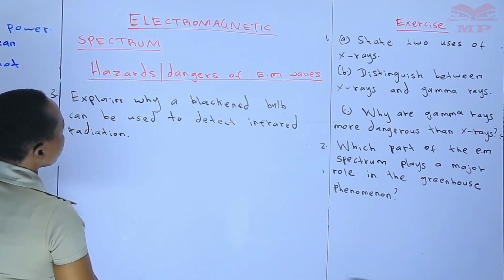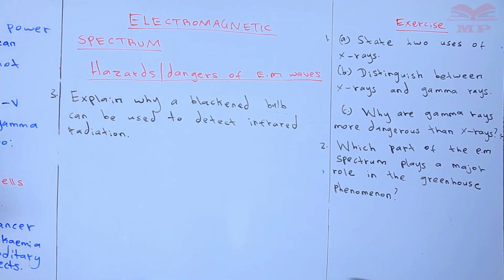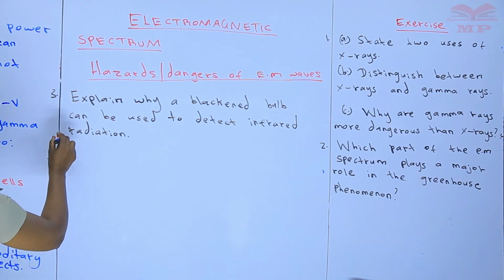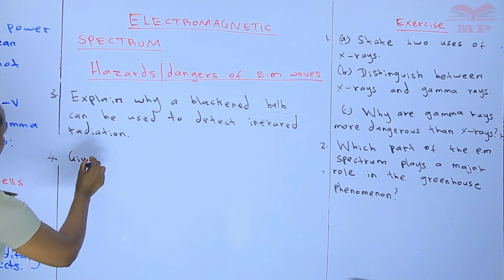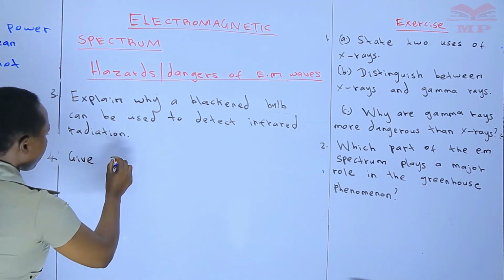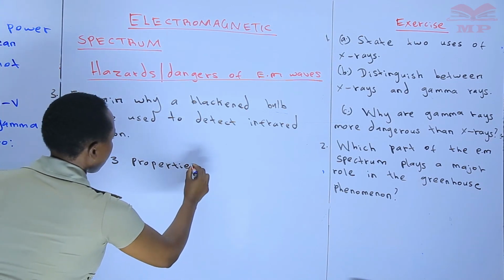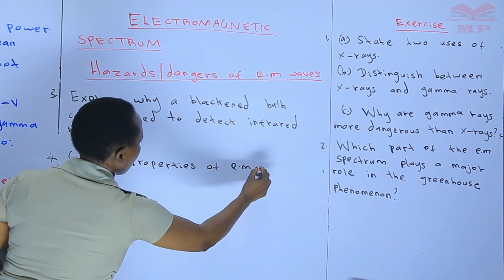Remember, we said that the infrared radiation can be detected using a thermometer with a blackened bulb. And maybe finally, number 4, give 3 properties of the EM waves.